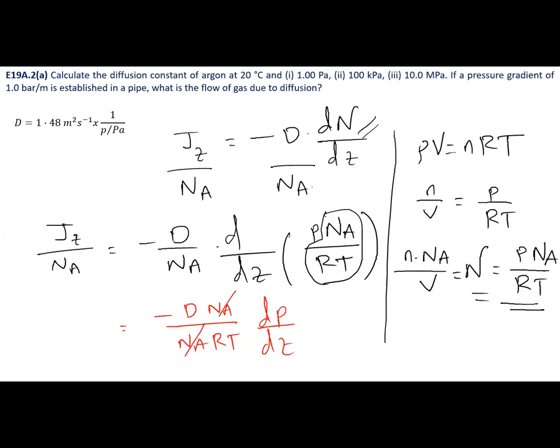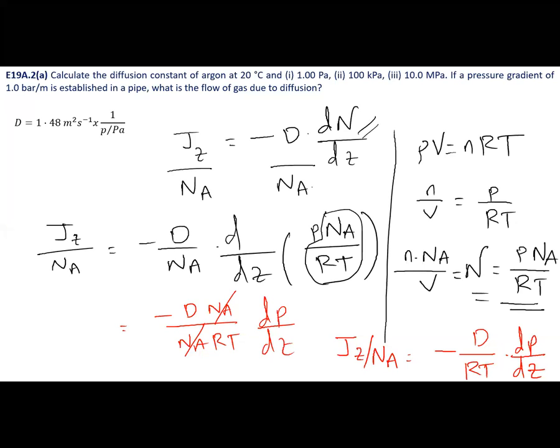Again, this N_A and this N_A get cancelled, and the flow of argon J sub z over N_A is equal to negative D over RT times dP over dz. So now we know the diffusion coefficient as we calculated from the previous equation, and dP over dz is also given in the question, so we can straight away plug in all these values and then find the answer.